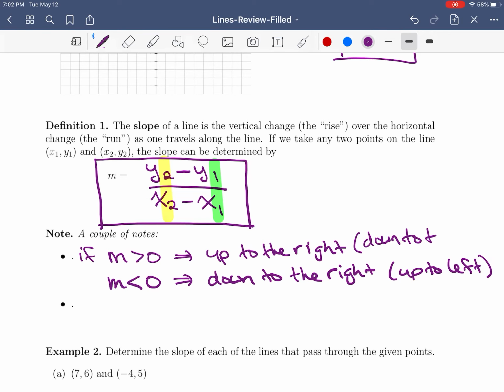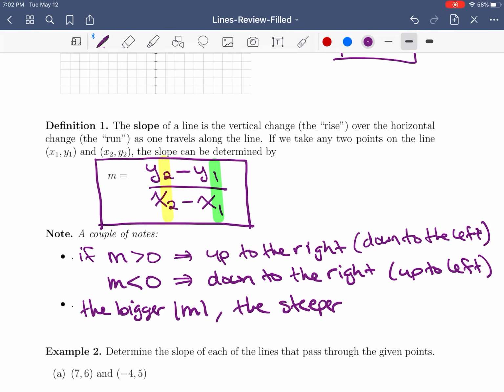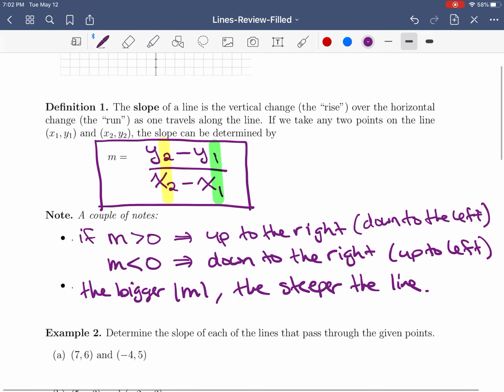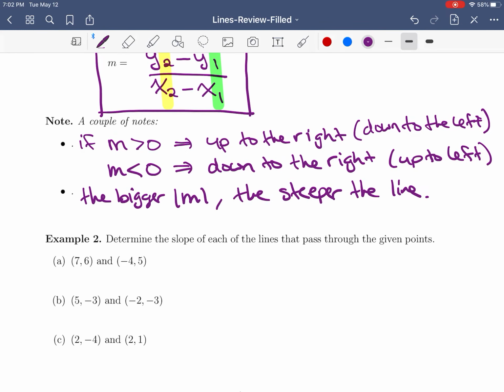And here, instead of up to the right, you could say down to the left. That would be the same as well. So also, the bigger the absolute value of m is, the steeper the line. So the closer that m is to 0, the less steep it will be.